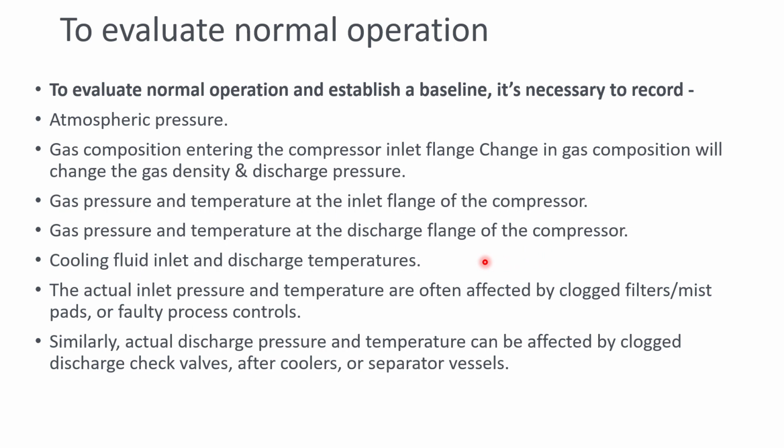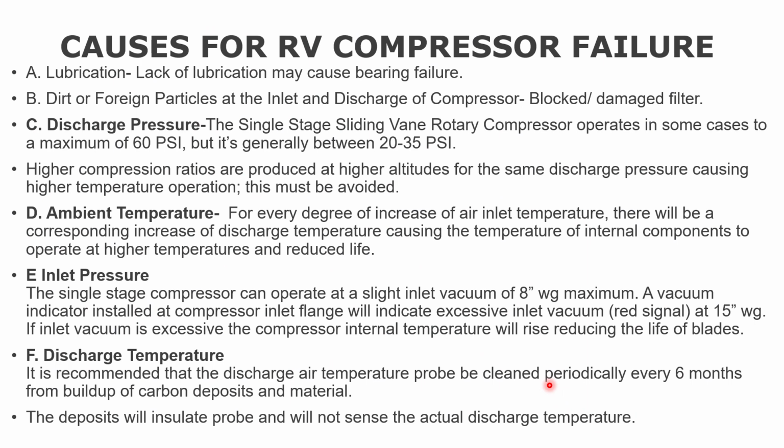The actual inlet pressure and temperatures are often affected by clogged filters, mist pads or faulty process control. Similarly, actual discharge pressure and temperature can be affected by clogged discharge check valves, after coolers or separator vessels.